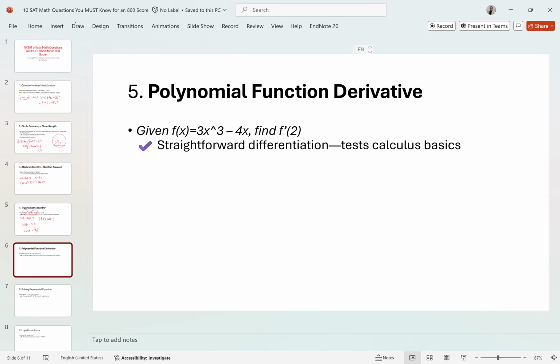And for the fifth question, given f of x equals 3 times x cubed minus 4x, then what's the value of f prime of 2, right?